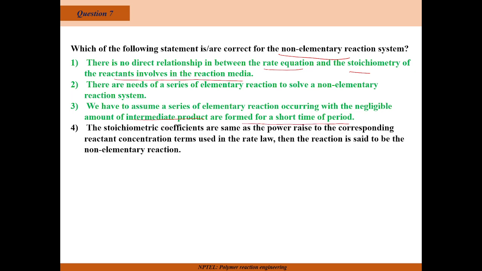Here we are talking about the formation of intermediate products, and those intermediate products do not actually affect our whole reaction such that they become dominant or react with the entire reaction and give us some other result. It will produce only a negligible amount of intermediate products, and that will be produced only for a short period of the entire reaction itself. So these are the three possible answers.